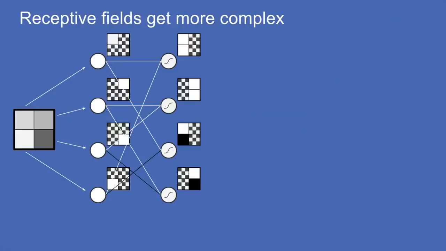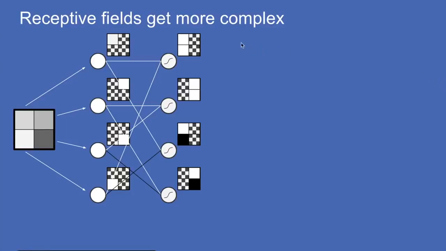When we create this first layer of our neural network, the receptive fields get more complex. For instance, here, each of those end up combining 2 of our input neurons. And so the receptive field, the pixel values that make that first layer neuron as large as it can possibly be, look now like pairs of pixels, either all white or a mixture of white and black, depending on the weights.